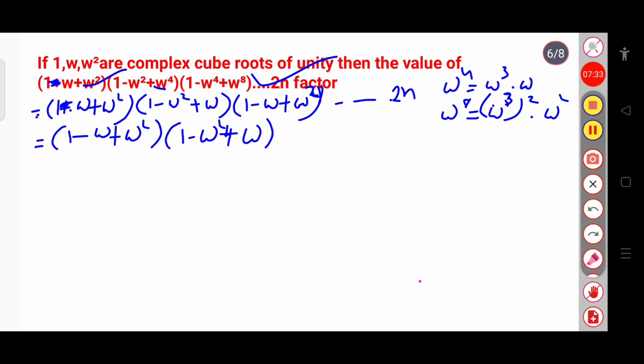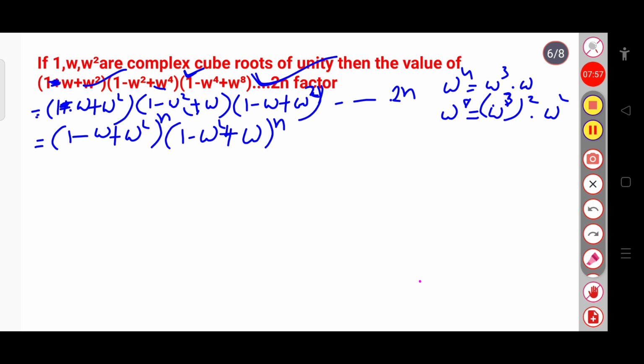So, this term will continue up to n times, and similarly the second term, fourth term, will continue up to n terms. For the second term I can write 1 minus omega square plus omega, this is power n. Clear, 1 minus omega plus omega square.